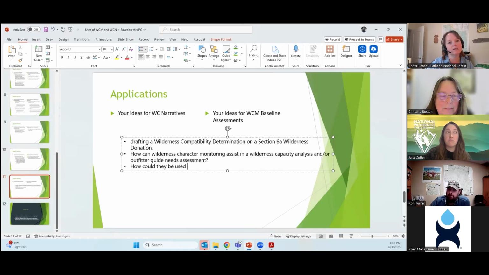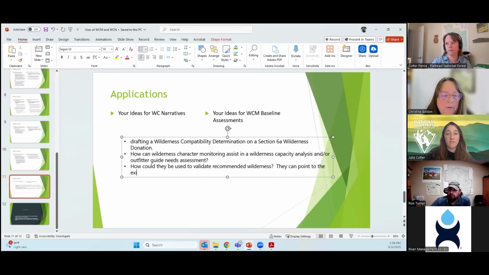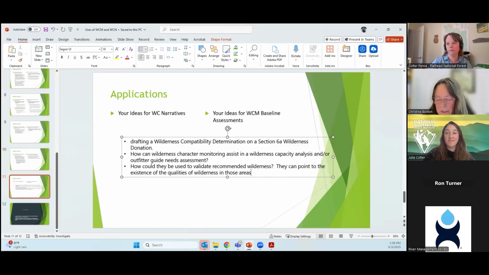In other agencies, they are actually doing the same things in adjacent recommended areas with wilderness character monitoring, developing narratives and doing the measures. We aren't doing that currently in Forest Service, but certainly I think you could take adjacent areas and the values, and if there's similar values in adjacent lands you're considering, you could use it to help inform that. But we're not doing it as formally as they are in some of the agencies besides Forest Service right now.